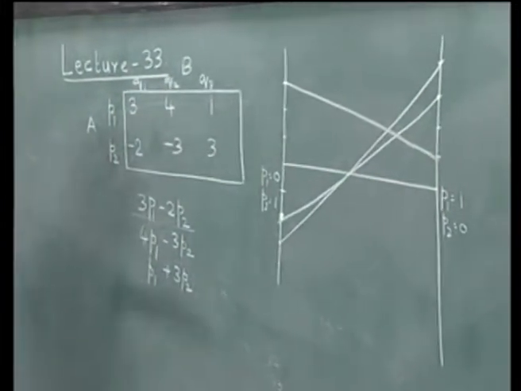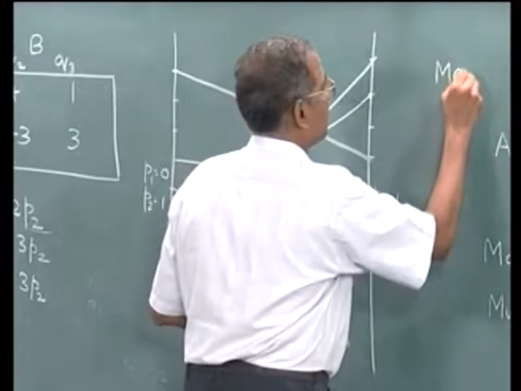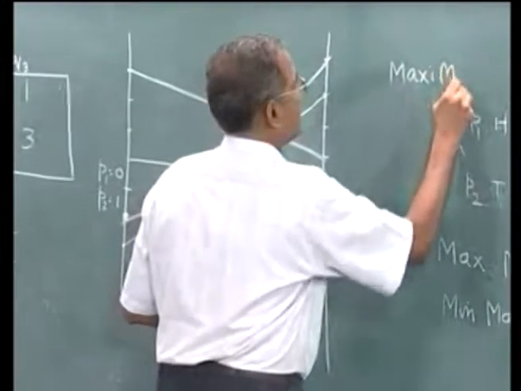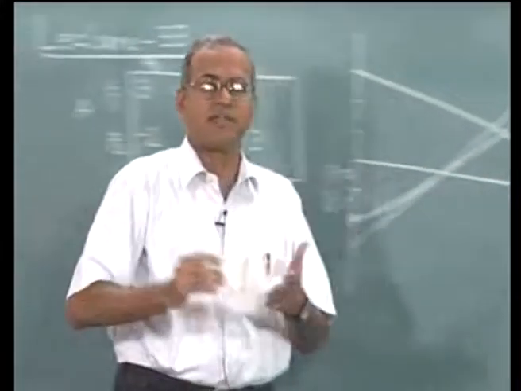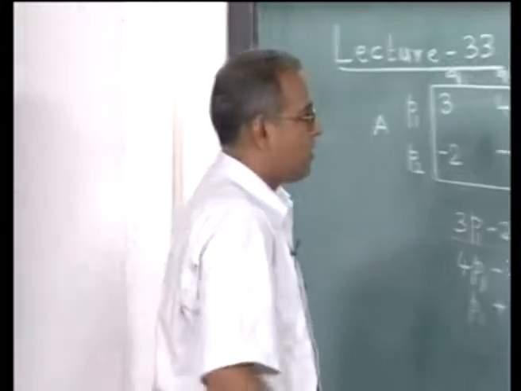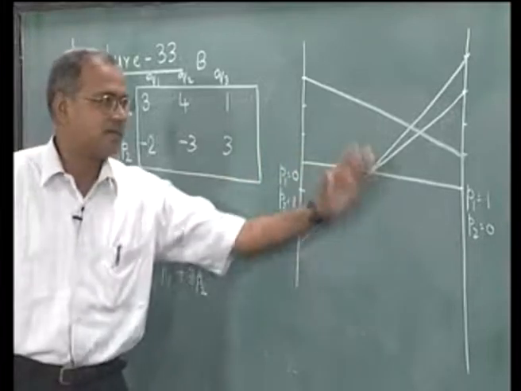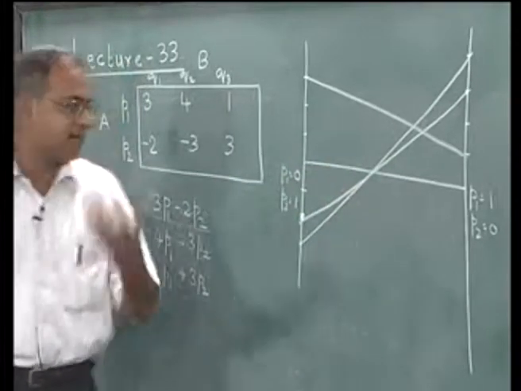Now, A's objective is a maximin strategy, to maximize the minimum profit that A will get. So, this is the profit line and anything below is the profit that A will get.